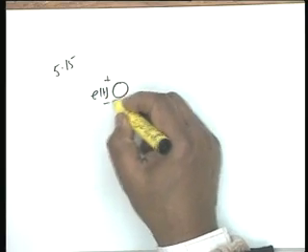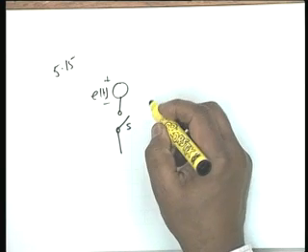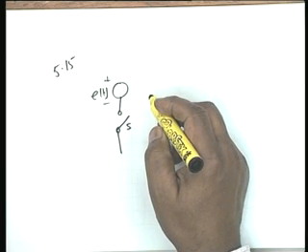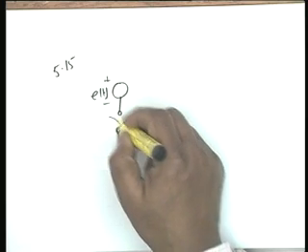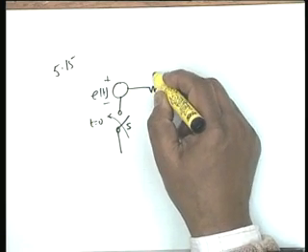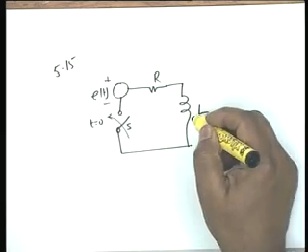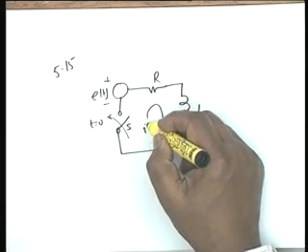We take 515. 515 says, let me read the question. For the circuit shown, let us draw the circuit: E of t, then you have a switch S which is closed at t equal to 0, and then you have a resistance and an inductance L. The current in this circuit is I of t.